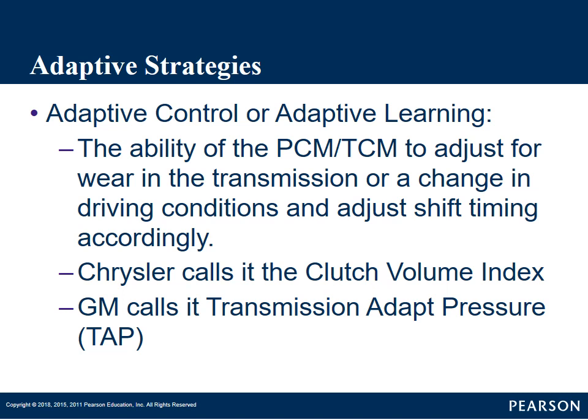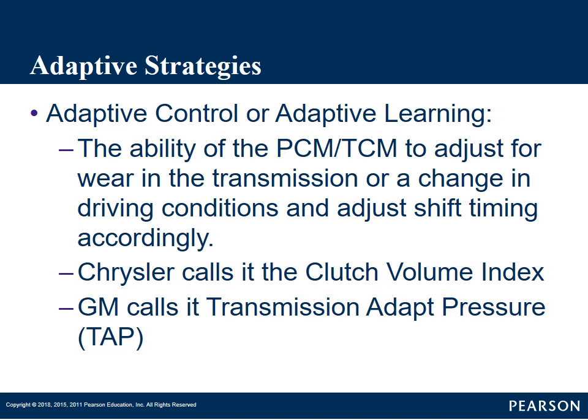GM calls it the transmission adapt pressure. In other words, they're monitoring that time, and then they usually increase the pressure to make that time shorten. If we increase the pressure, that fills that clutch pack faster or applies that band faster, so we can shorten the shift time.